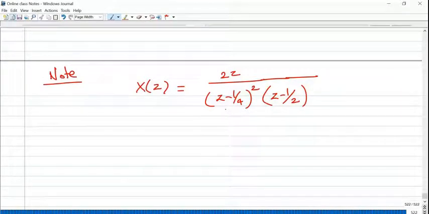There is a pole at z equal to 1/4 with a multiplicity of 2, and a pole at z equal to 1/2, but its order is 1 only.